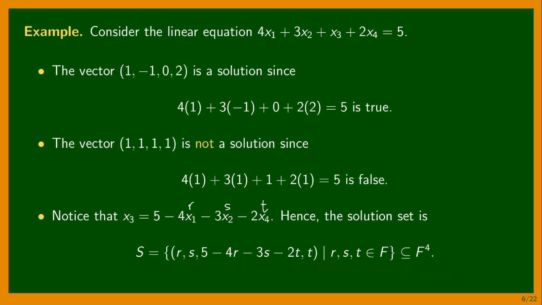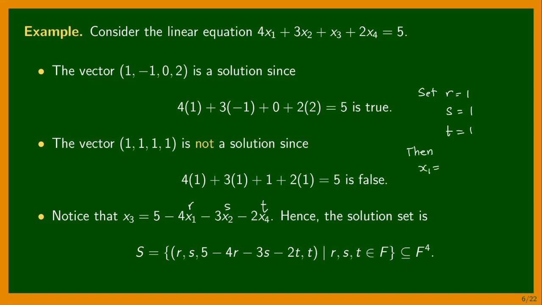Sometimes this is what we call the parametric form of the solution, because we use parameters to represent the solution set. So in this example, this equation has infinitely many solutions. You can select arbitrary values for r, s, and t and produce a solution. For example, if we set r to 1, s to 1, and t to 1, then what do we get as x sub 1?